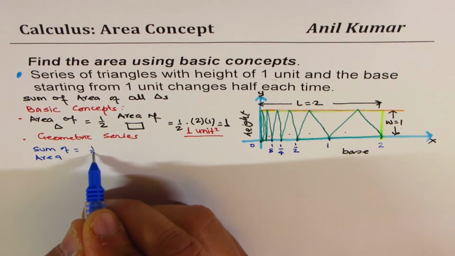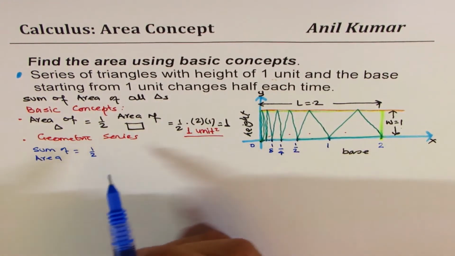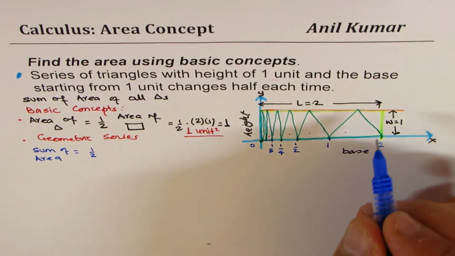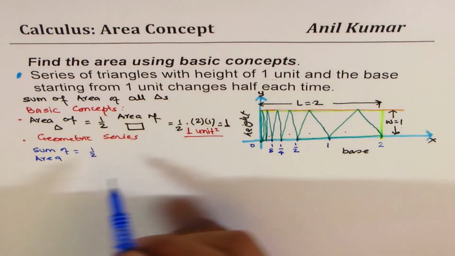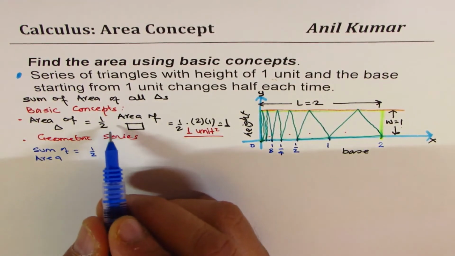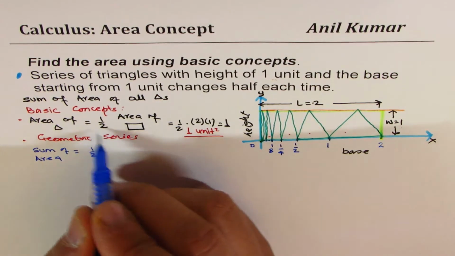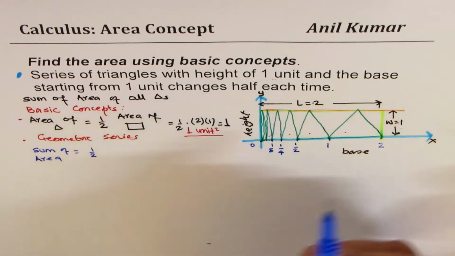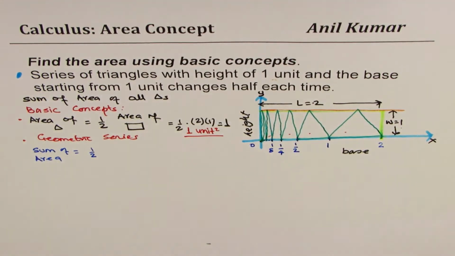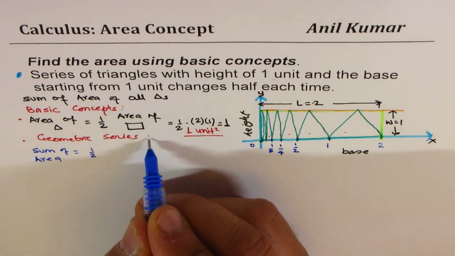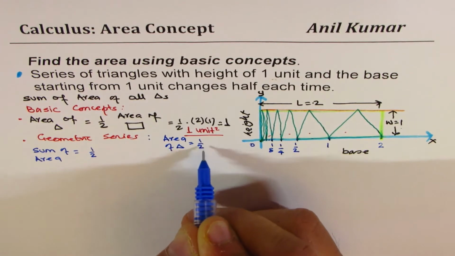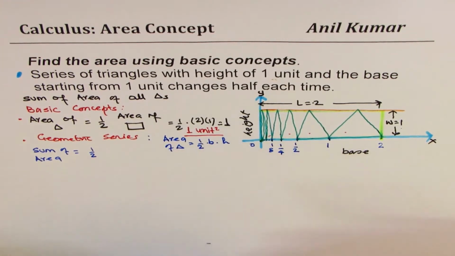Let me write down the formula first. Area of triangle is half base into height. Let me write down here. So in general, we know area of triangle is half base times height. Is it okay? So we're going to use this particular formula.